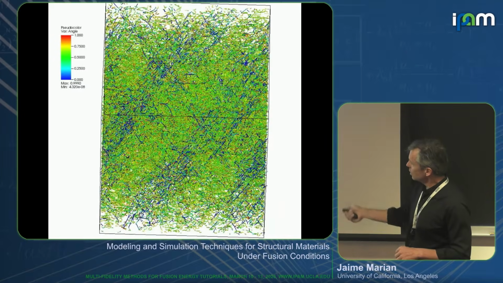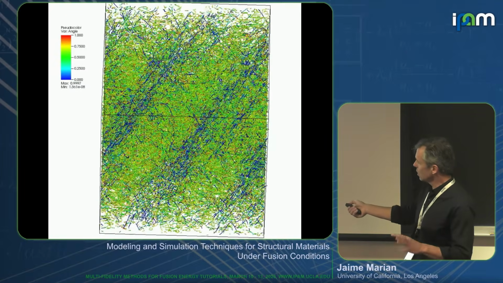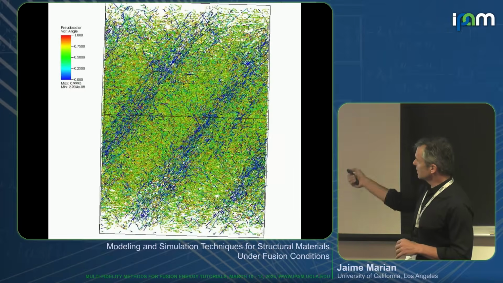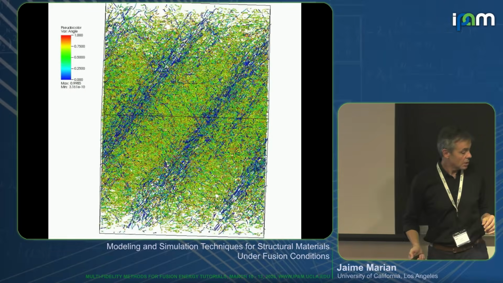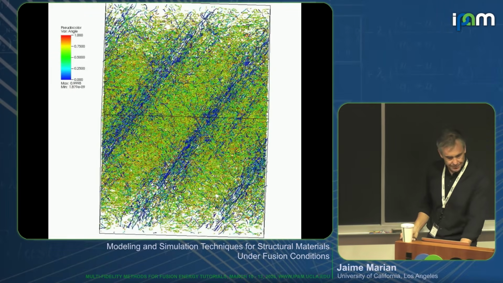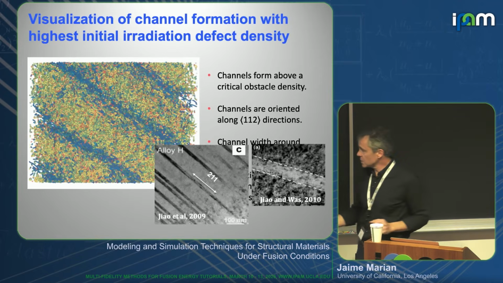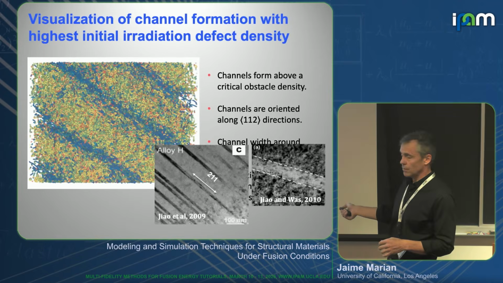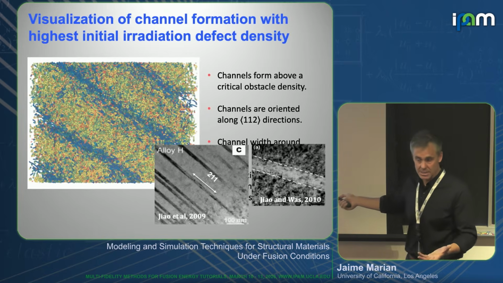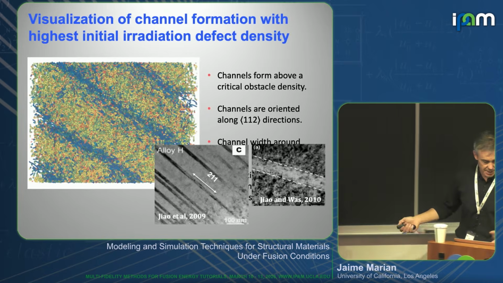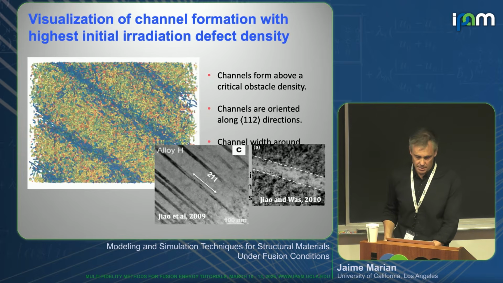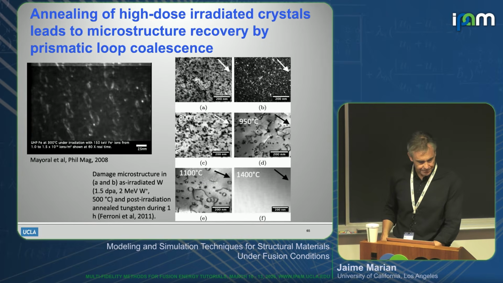So the dislocations are blue, and the defects are green, yellowish. And you can see that the dislocations eventually form channels, which they form under radiation. So we can make progress. I mean, we're making progress. We understand the physics of radiation much better. Still many challenges facing.